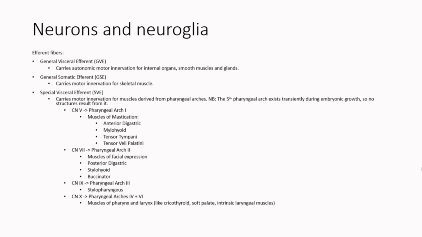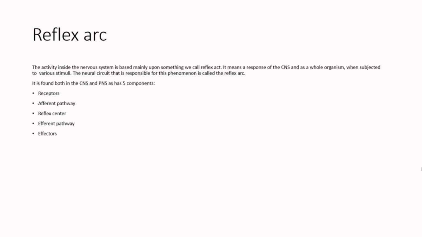Here we have muscles of facial expression, posterior digastric, we have stylohyoid, and then we have the cranial nerve 9, the glossopharyngeus, which carries motor innervation for muscles derived from the pharyngeal arch 3. This is typically the stylopharyngeus, and then we have vagus, which carries motor innervation for muscles derived from pharyngeal arches 4 and 6, and these are the muscles of pharynx and larynx.